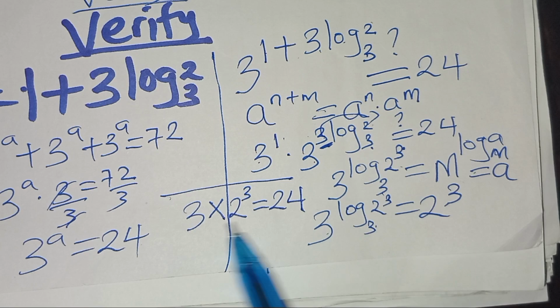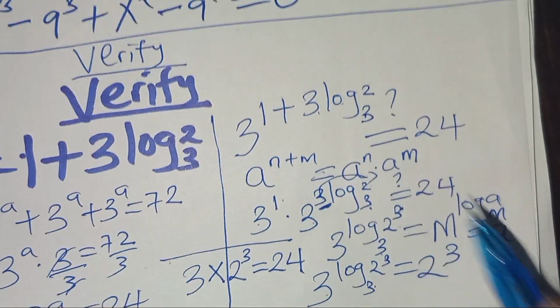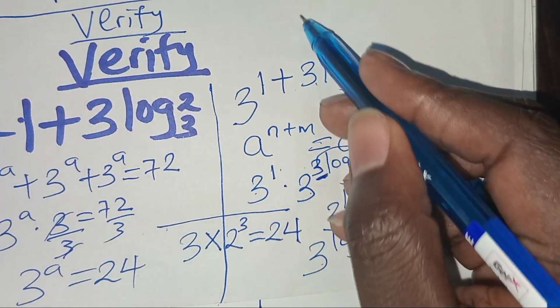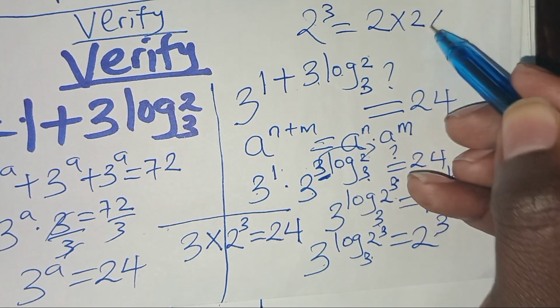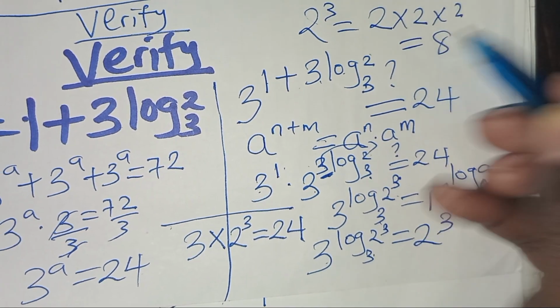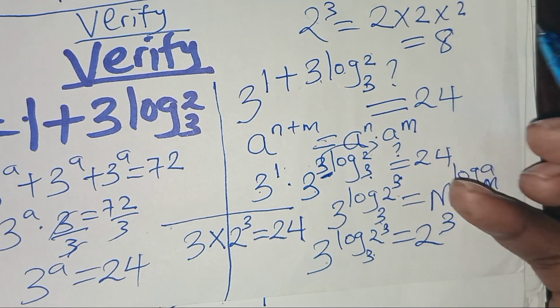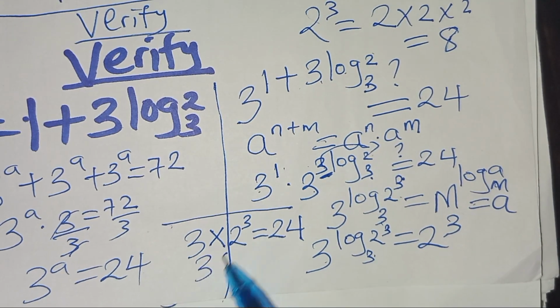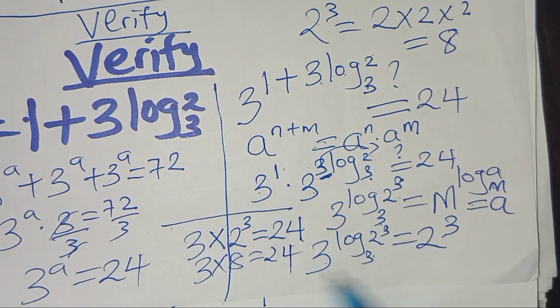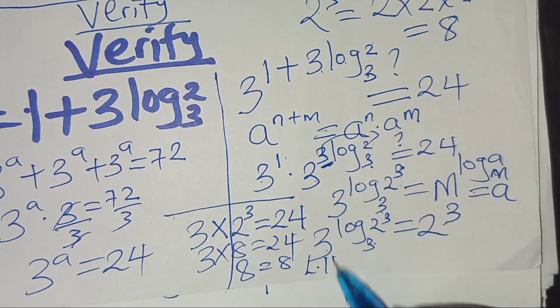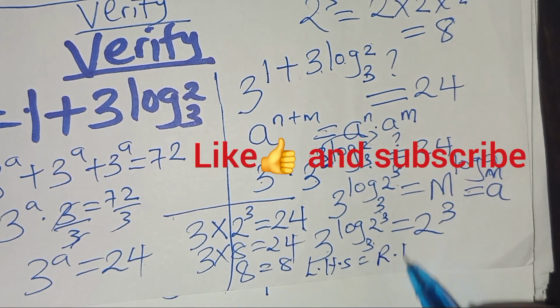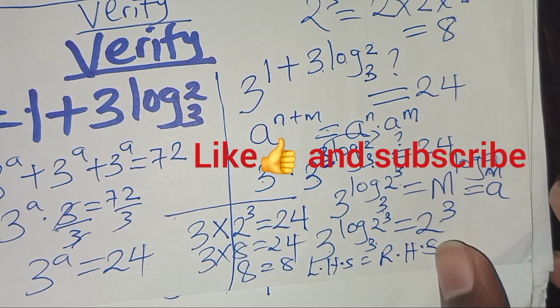Now, it's true that 2 to the power 3 is the same thing as 2 times 2 times 2, which is equal to 8. So we'll have 3 times 8, this is equal to 24. So 24 is equal to 24. So that means that the left-hand side is equal to the right-hand side.